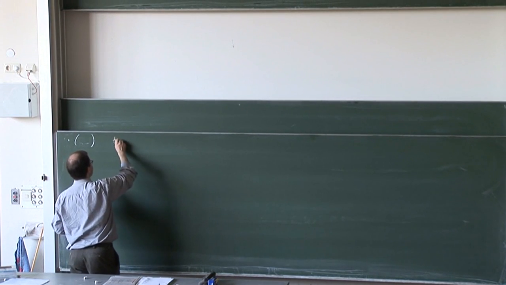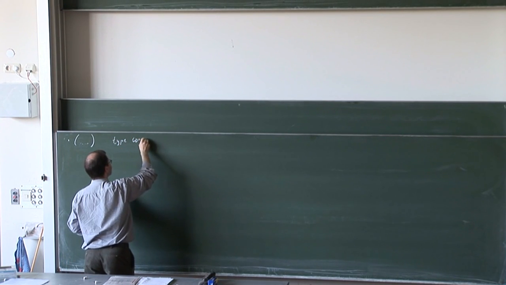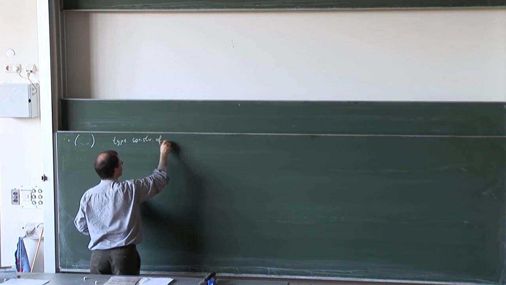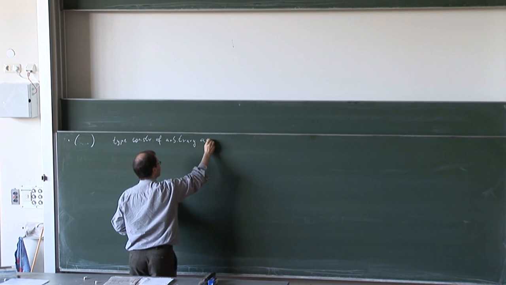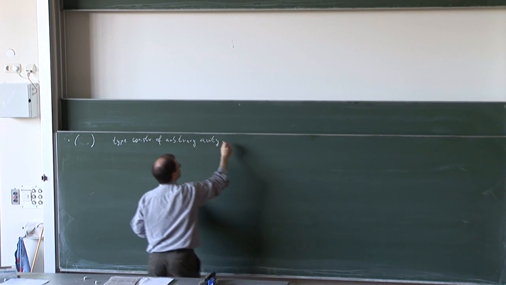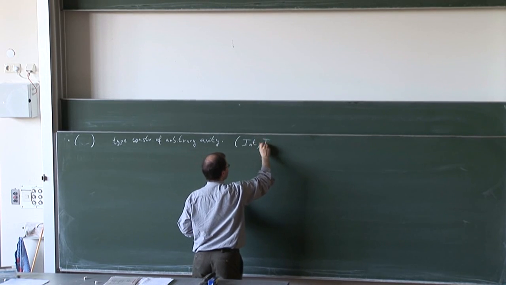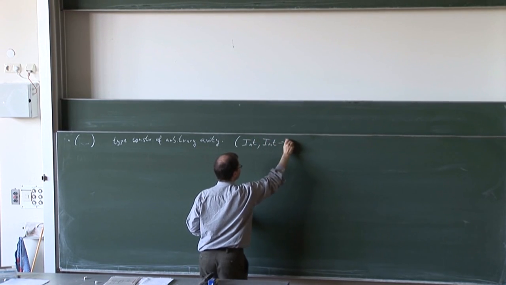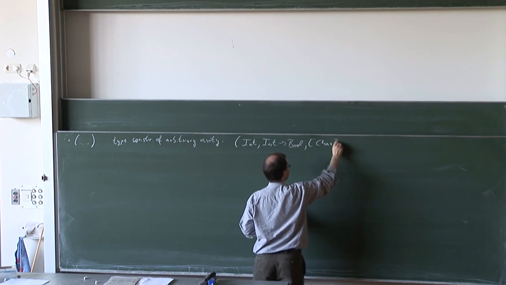So this is a type constructor of arbitrary arity, and examples would be something like tuples where the first component is an integer, the next one is a function from int to bool, and maybe the last one is a list of characters.